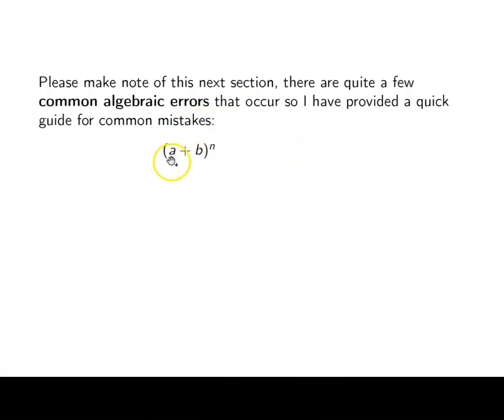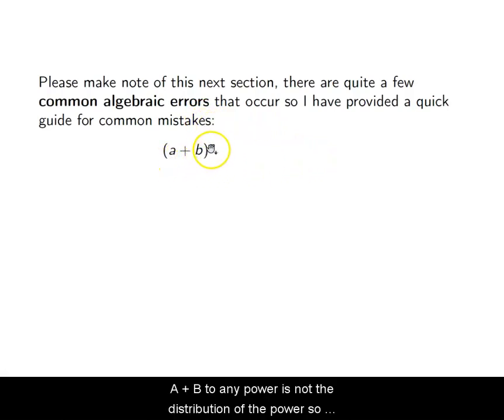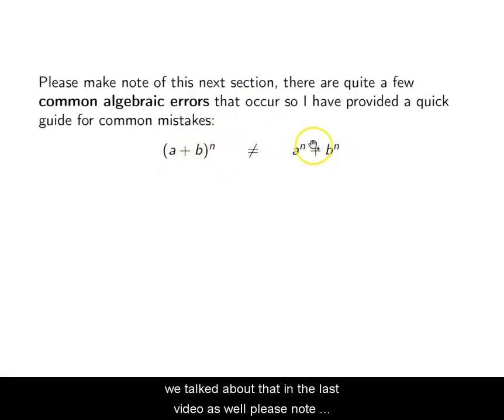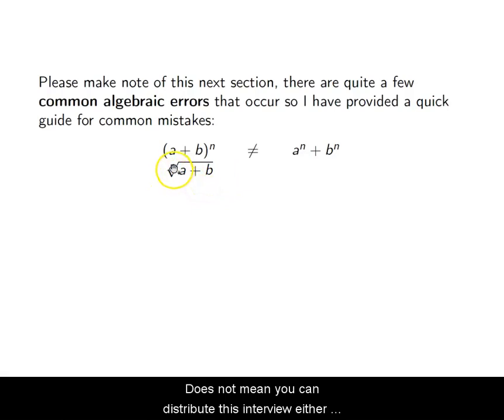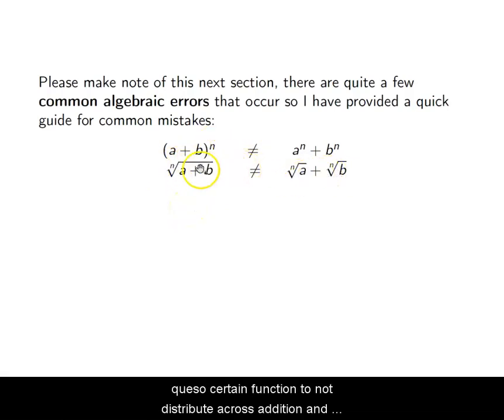So a quick guide: a plus b to any power is not the distribution of that power. So we talked about that in the last video as well. Please note that this is a not equal sign, right? The square root of a plus b, or the nth root of a plus b, does not mean you can distribute this nth root either. Certain functions do not distribute across addition or subtraction.